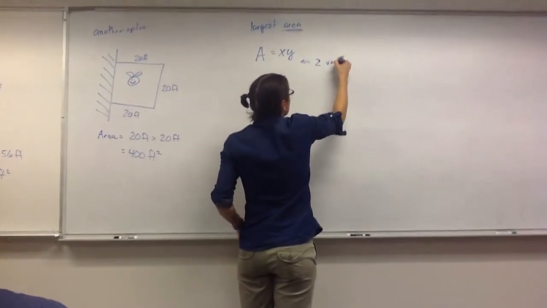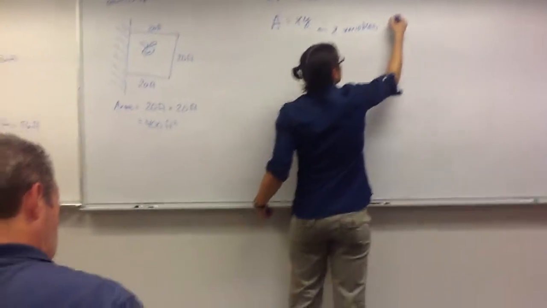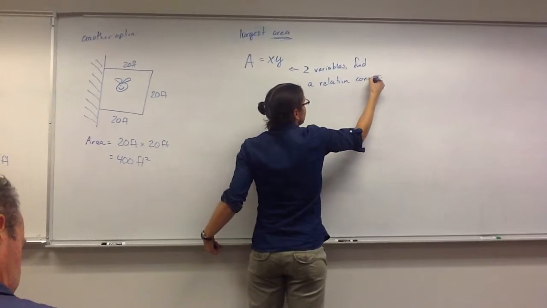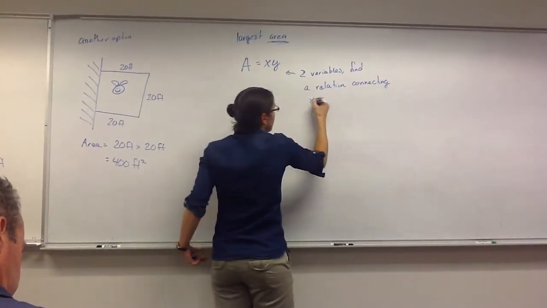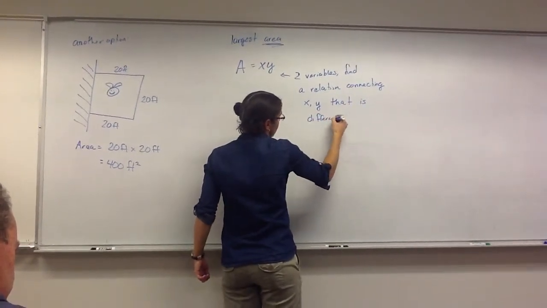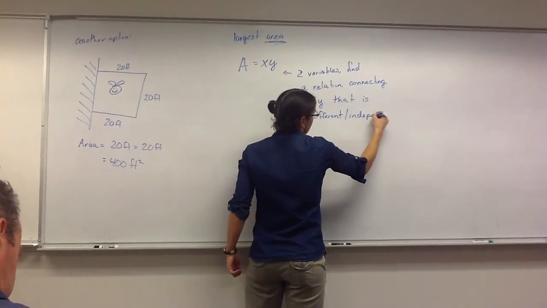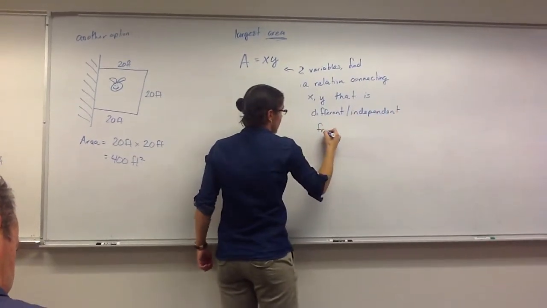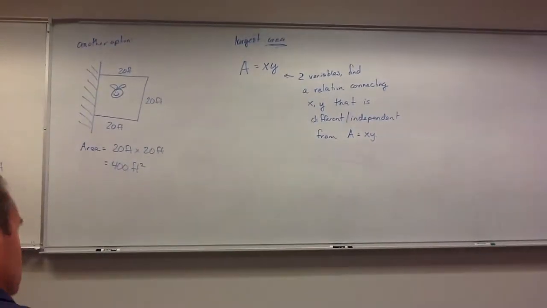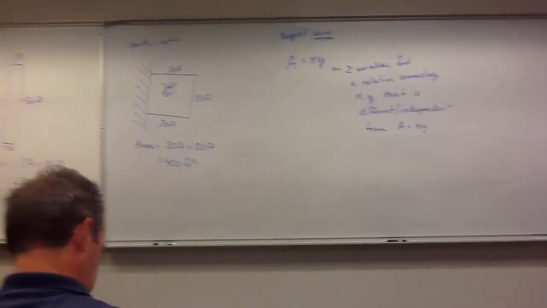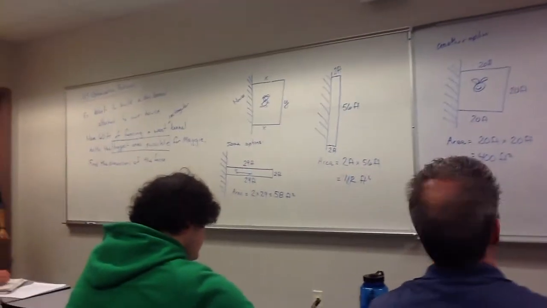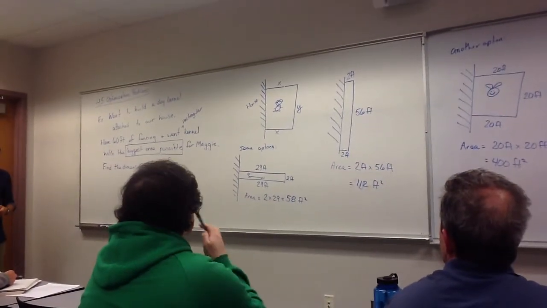So since I have two variables, I want to find a relation connecting x and y that is different, or independent, from our formula A equals x times y. So I look back at the picture, and is there anything else in here that connects x and y in a way other than area equals x times y? 60 feet.